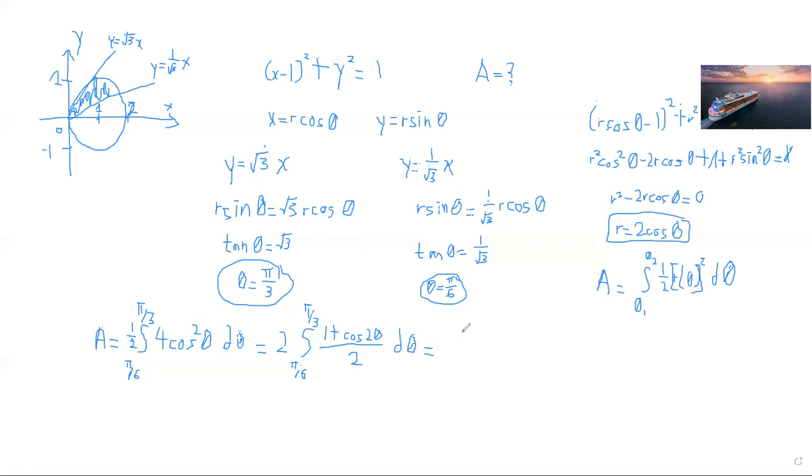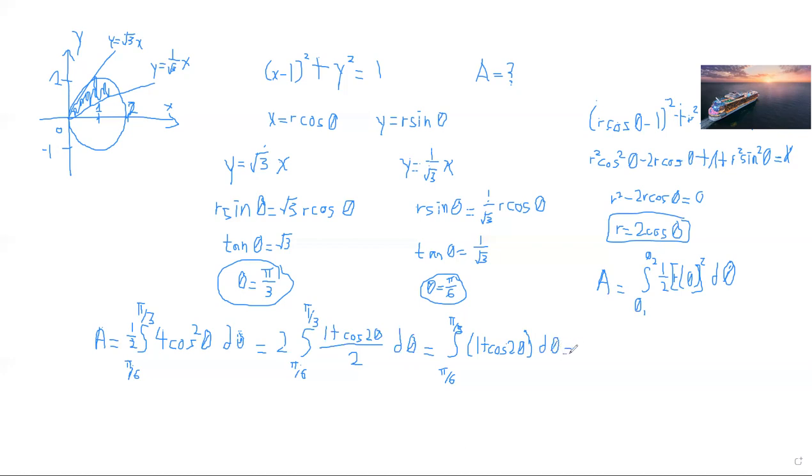The 2's cancel out, leaving the integral of 1 plus cos 2 theta, d theta.